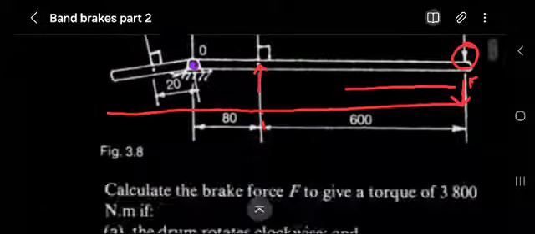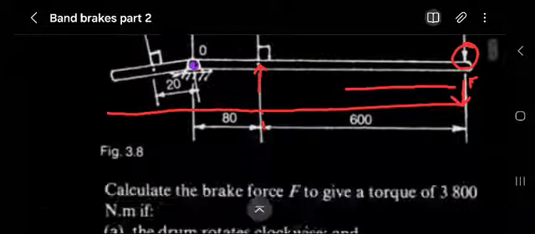Do not be confused, guys. Understand, this one is the pivot. We take it as 0. It's our reference point there.